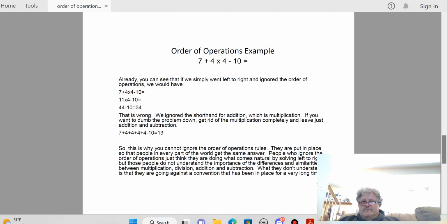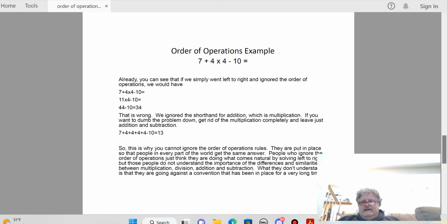Just like I said, that's wrong. We ignored the shorthand for addition, which is called multiplication. If you want to dumb the problem down, just get rid of the multiplication altogether and leave just the addition and subtraction. When you do that, you'll get 7 plus 4 plus 4 plus 4 plus 4 minus 10, and that equals 13.